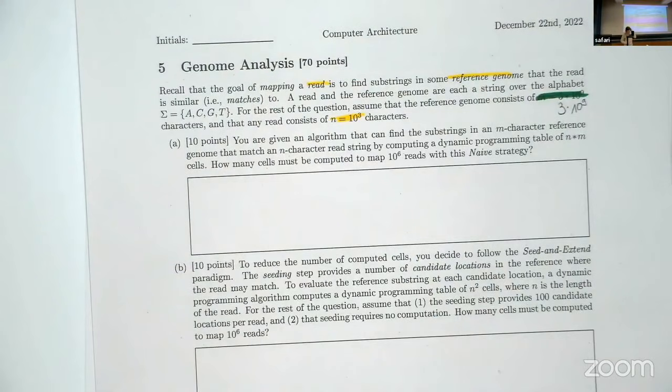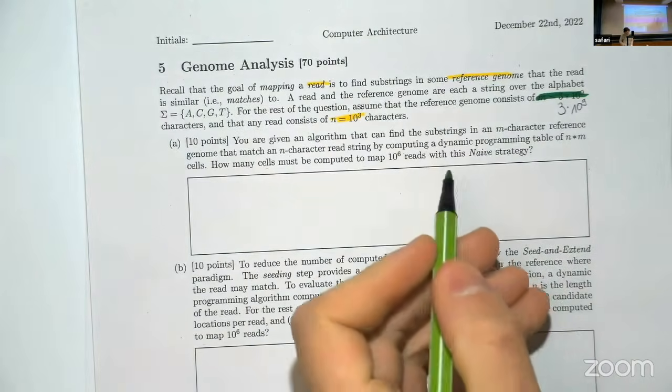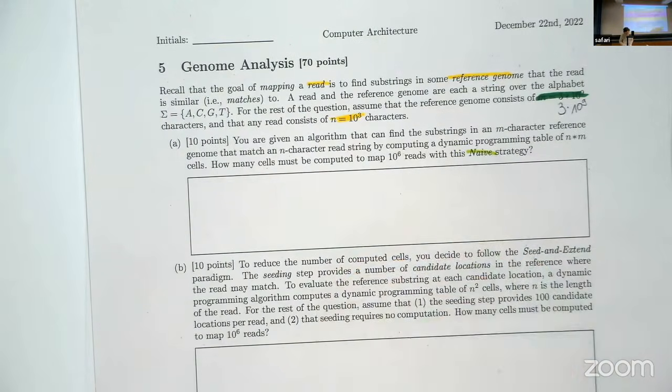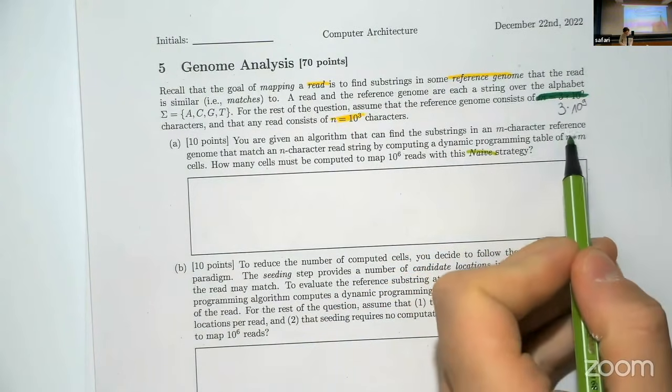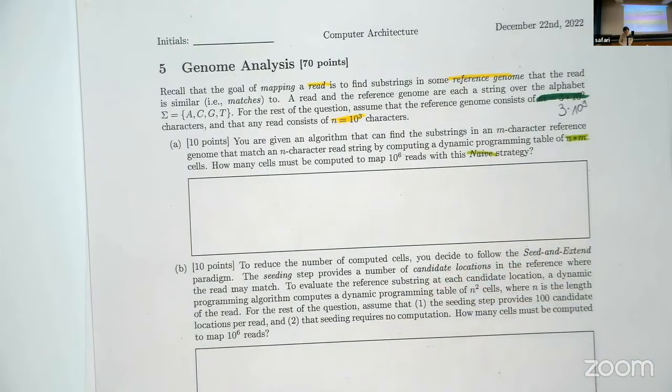So you know the size of each read, you know the size of the reference genome, and now you're evaluating multiple ways of doing read mapping. First one is the naive strategy. You're given simply a dynamic programming algorithm that does full computation by computing n times m cells.